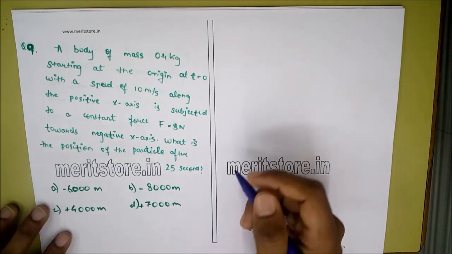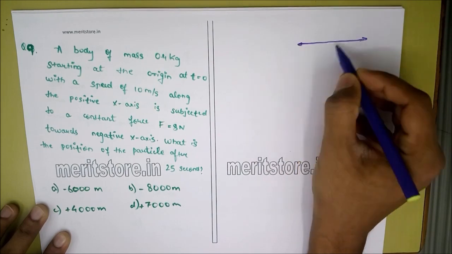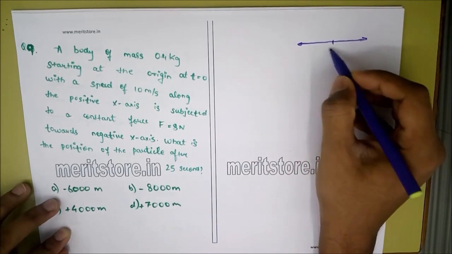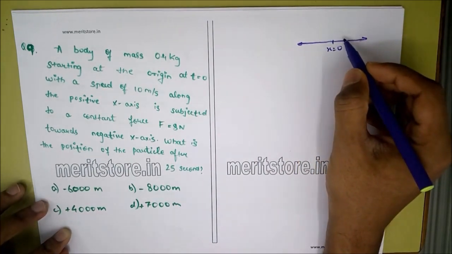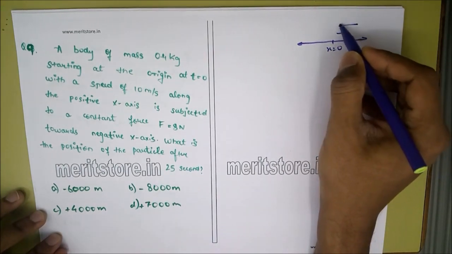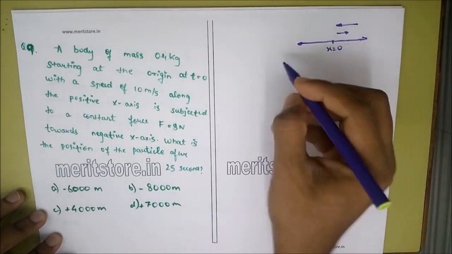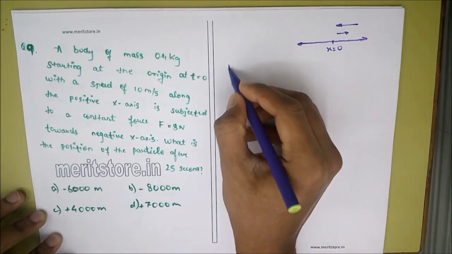So let's just assume that this is the center of the line at x equals 0. The body starts in the positive x direction, but the force is acting along the negative x direction. So since it is acting against the body, there is retardation.